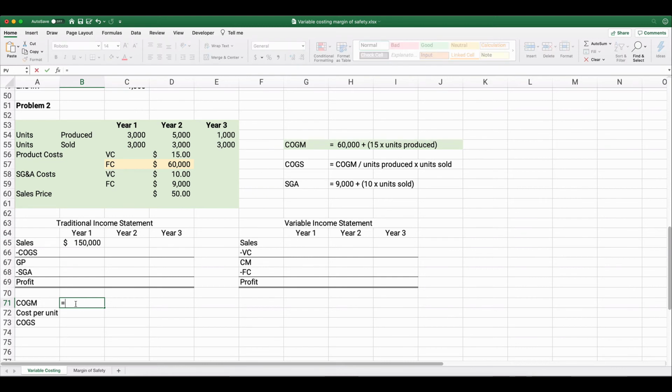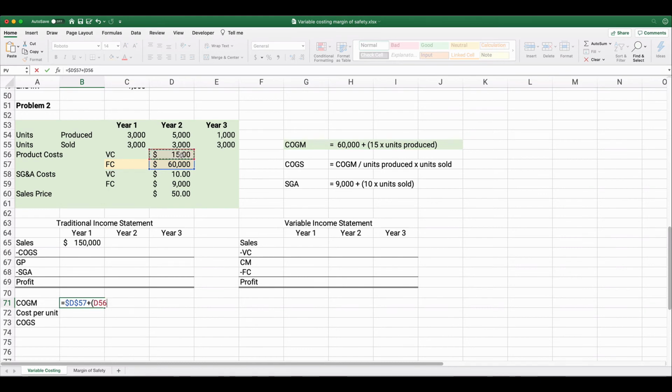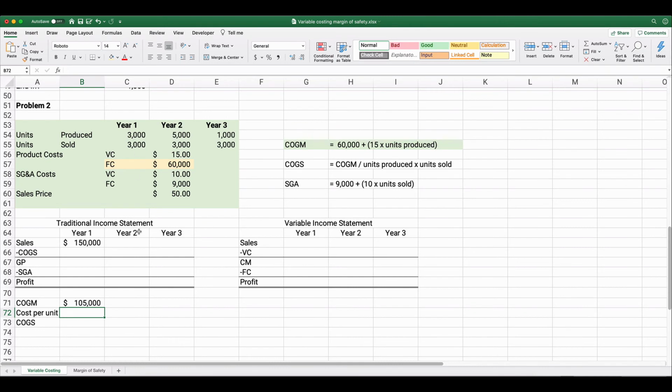Let's take the 60,000, make it absolute, plus our $15 times the production of 3,000. So it looks like it's 105,000. 3,000 times 15 would be 45,000 plus 60,000.